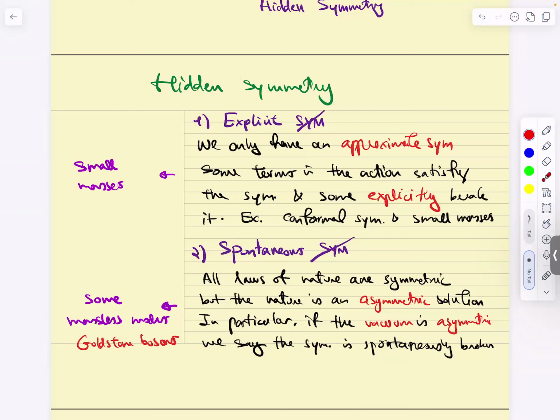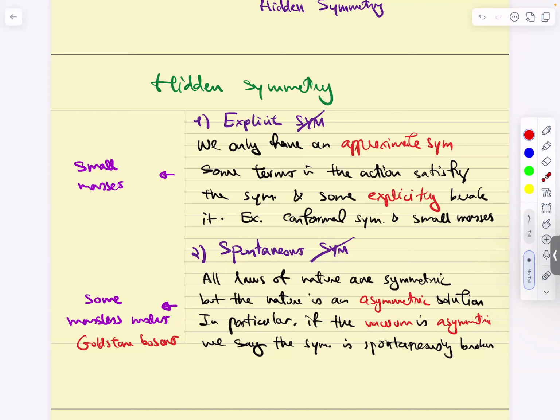And then you construct the machinery of perturbative quantum field theory, or conformal perturbation theory, to describe your theory. So that's one use of explicit. This is called explicit symmetry breaking.